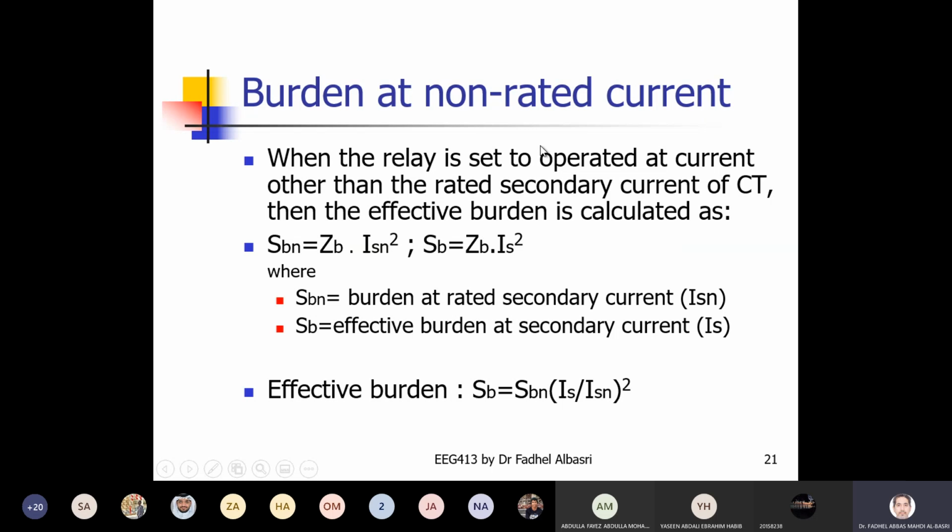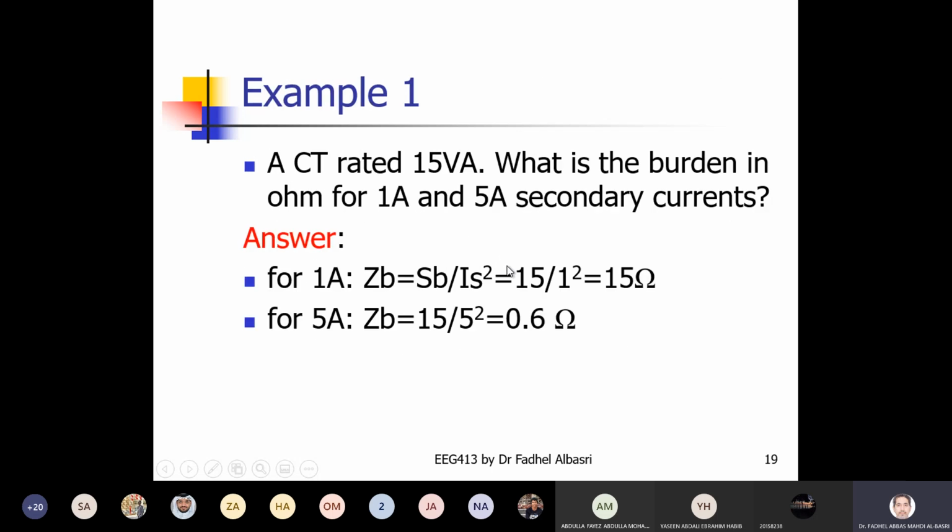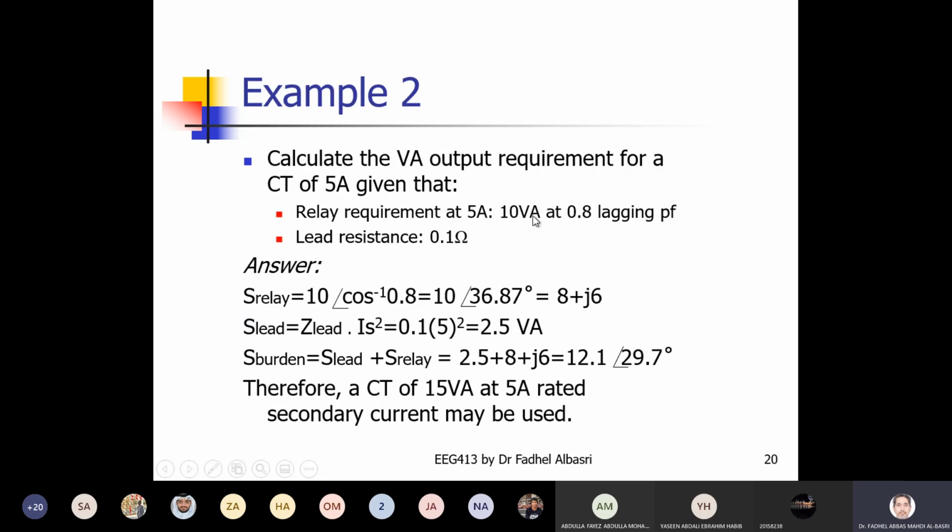Burden at non-rated currents in some relays. Suppose they tell you the burden, like here in this example. This relay requires 10 volt-ampere at 5 ampere, but now you want to connect it not at 5 ampere, but at 1 ampere.